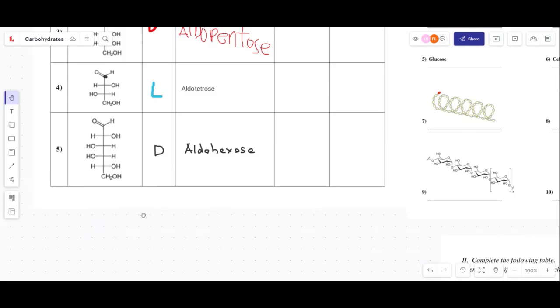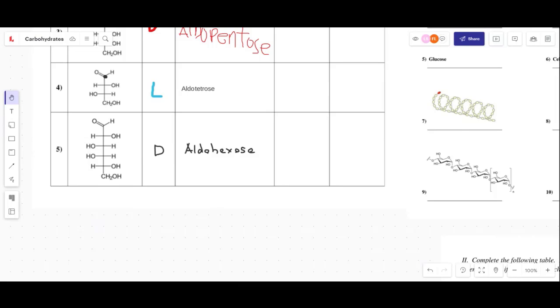I don't know if your professors really went over this much, but I hope this will help. So if you look at 5, you see this aldohexose here.